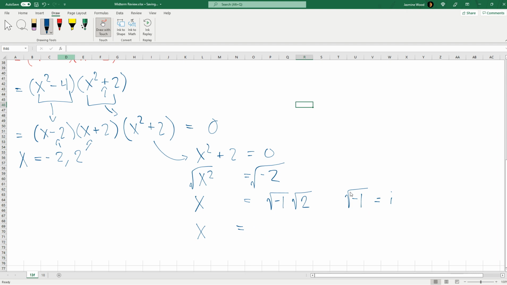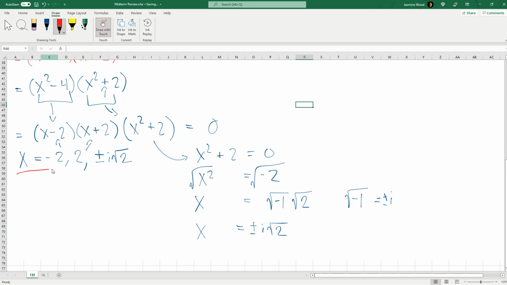So this will be equal to plus or minus i times radical 2. So the final solutions will be plus or minus i radical 2.